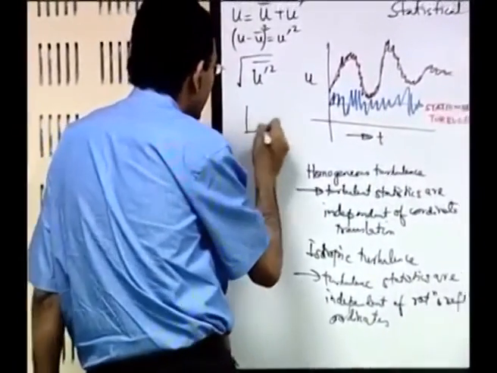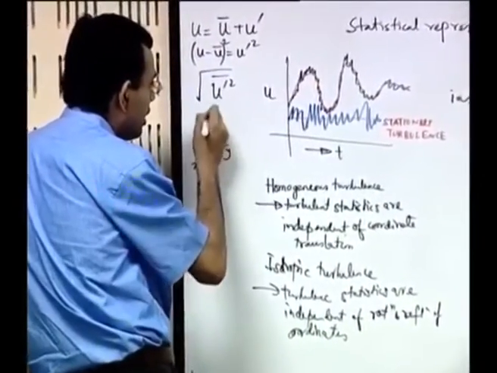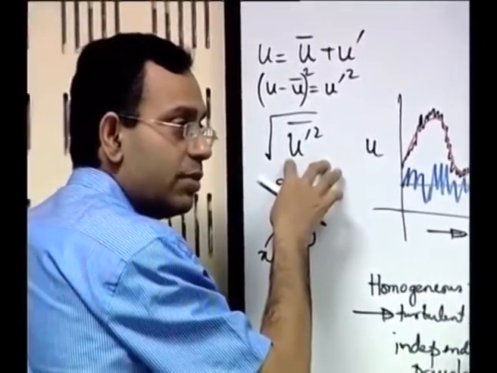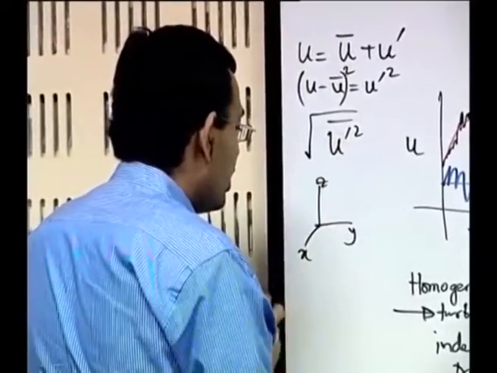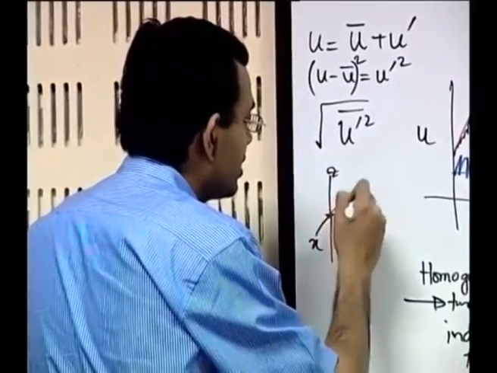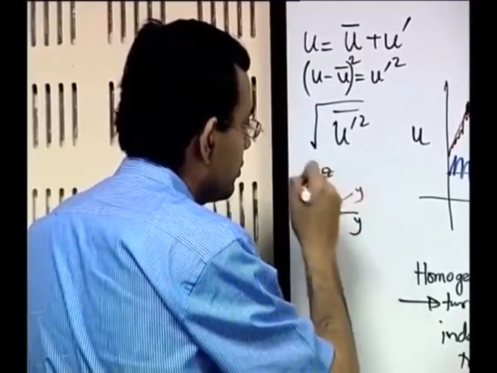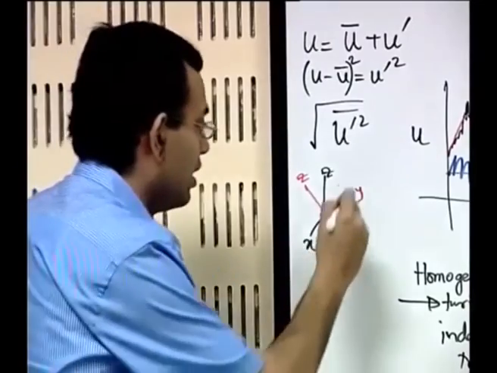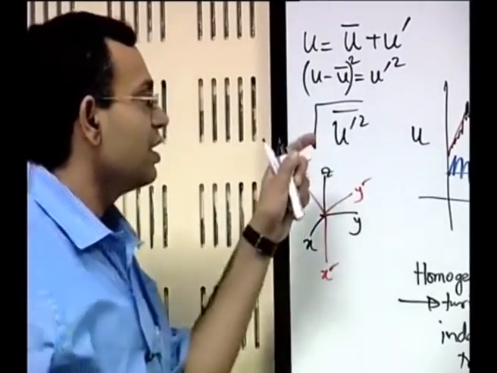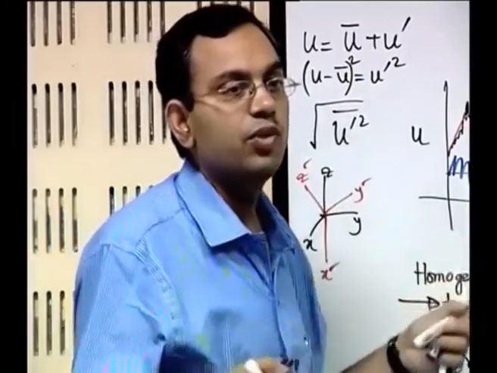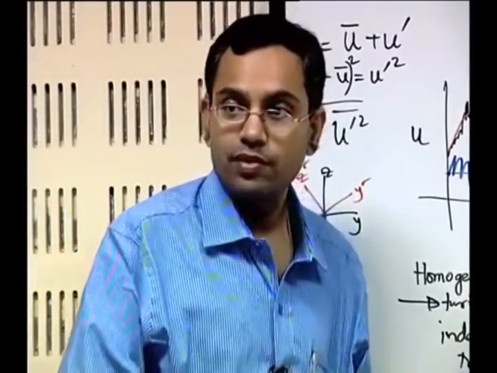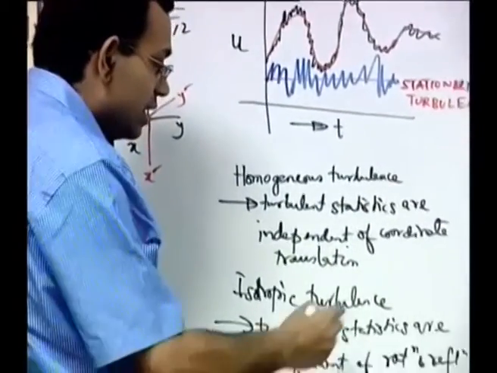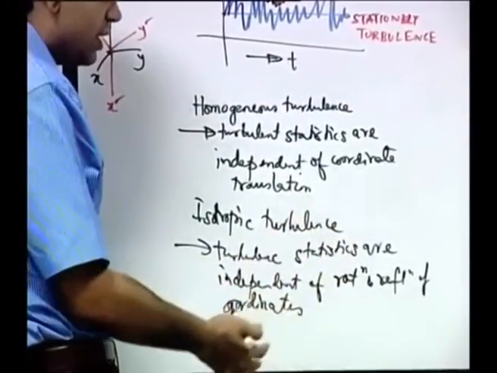So if you had x, y, z and you have some description of RMS of u, RMS of v and RMS of w, then if you have a rotation of this x, y, z to new x, new y, new z, then with respect to this rotated axis you will get the same statistics of RMS of u, RMS of v and RMS of w.